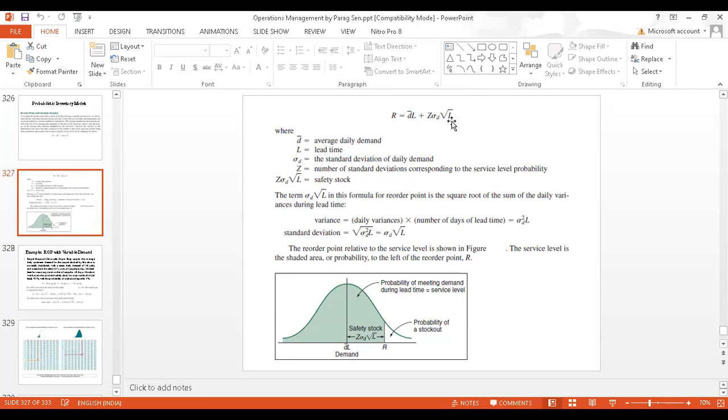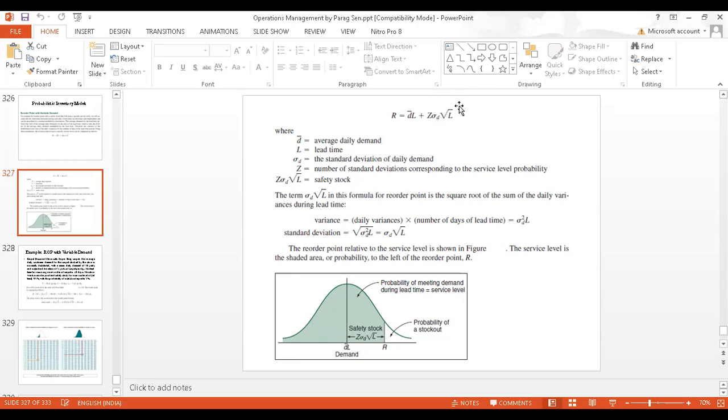Okay, so if we want to derive this formula, first we need to understand what the primary components in this formula are. The primary components are Z, and then sigma D into root L. This entire thing is actually the standard deviation during the entire lead time.